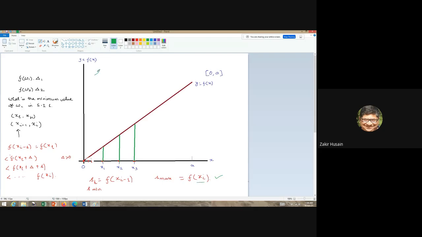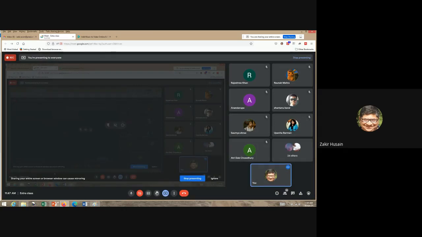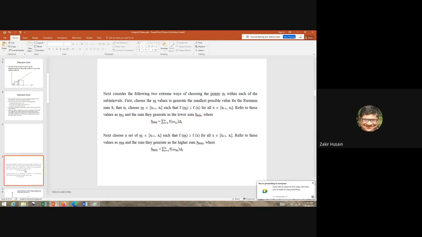So that means S min will be, and S max will be, okay. So this will give omega, we are using omega min and we are using omega max.